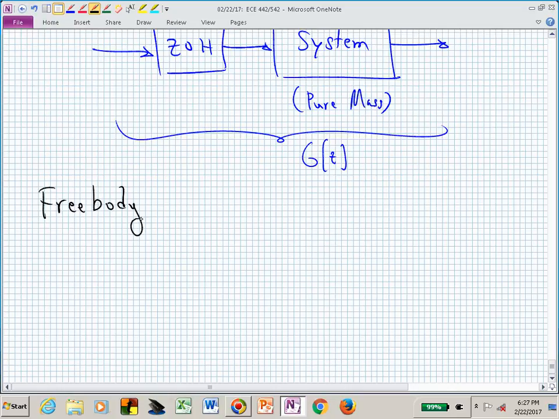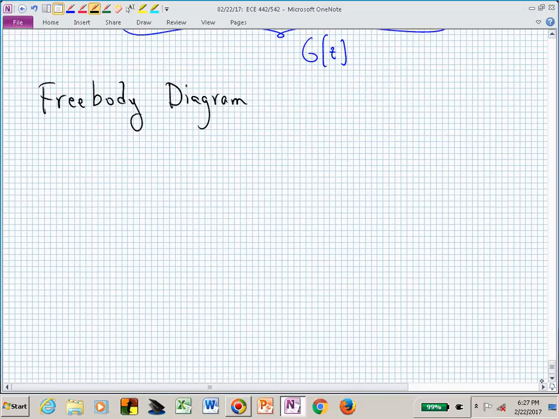So let's look at a free body diagram of a system. We're trying to simply remind ourselves of what this G of S corresponds to as a transfer function. Now this block is a mass.